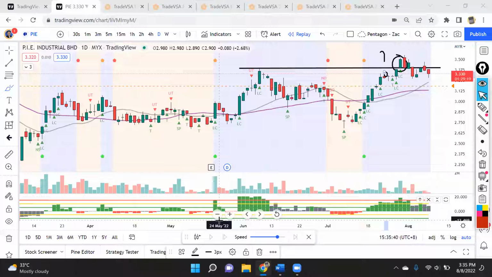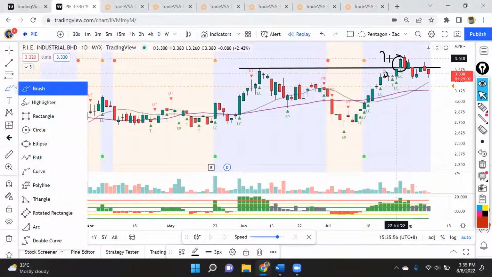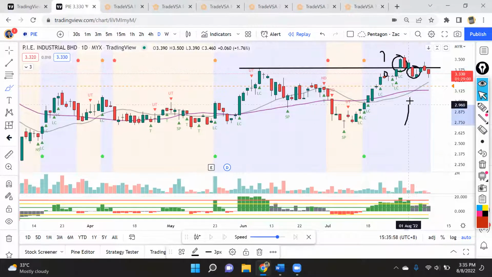I think this is still a good line change, but it just failed to hold temporarily around the range. Anyone can share why? Break support with increasing volume. Yes, here is the one that breaks support with increasing volume. So maybe some further pullback will happen.